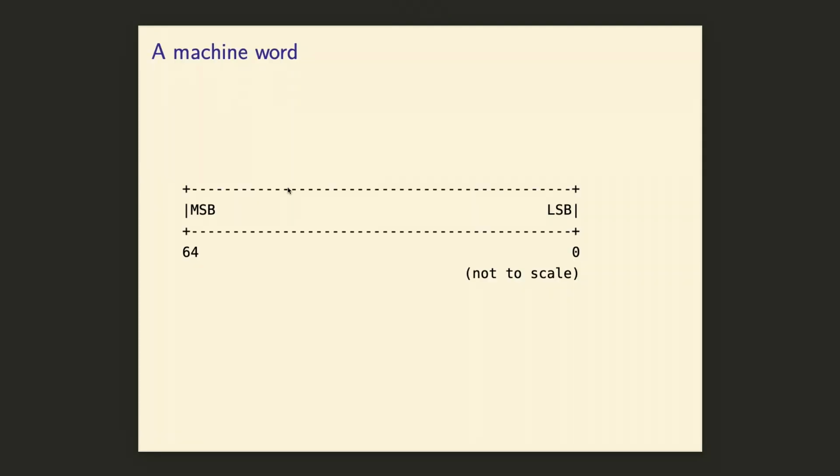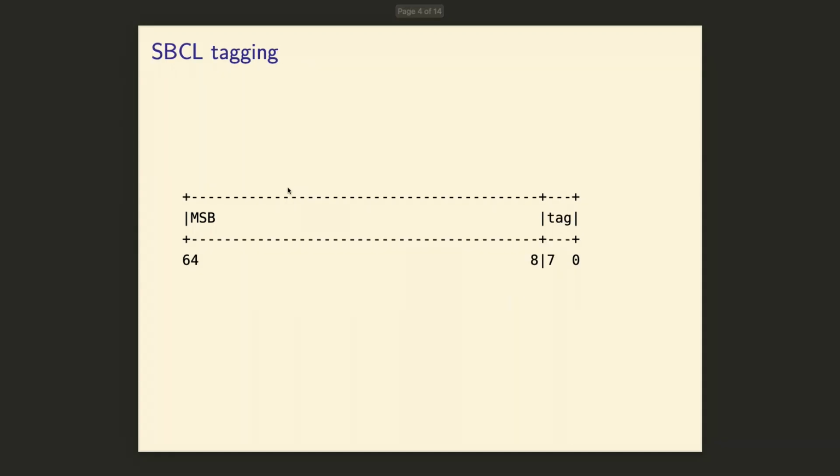If you imagine a machine word here with 64 bits, this is not to scale, obviously. You may or may not know that SBCL, for example, uses tags to identify whether it's a fixnum, whether it's a pointer to a structure or a vector of some specialized type and so on.